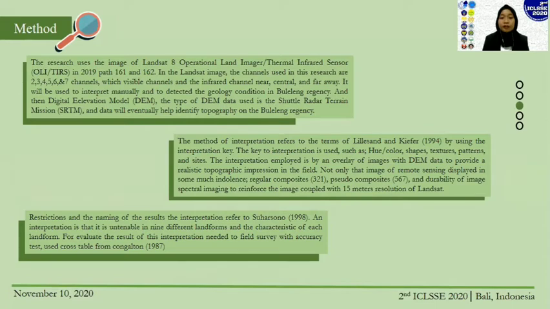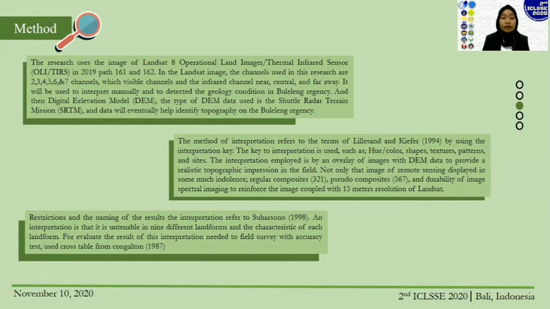Not only the remote sensing image is displayed, but also the regular composite 3-2-1 channel, the pseudo-composite 5-6-7 channel, and image spectral enhancement to reinforce the image, coupled with the 15-meter resolution of Landsat. For classification and naming of the results, the interpretation refers to Suharsono, 1998, and the interpretation divides the area into 9 different landforms and the characteristics of each landform.